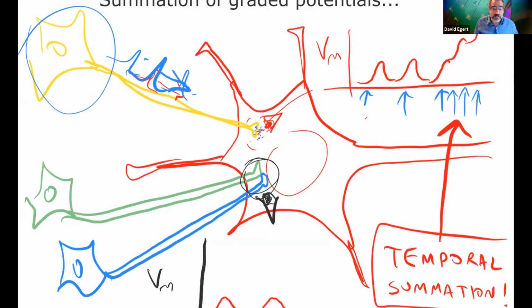Spatial summation is if I fire off these two things that are close in space at the same time. So I am now going to fire off both the blue and the green together. And the overall effect is going to be additive. So this is what we call spatial summation.